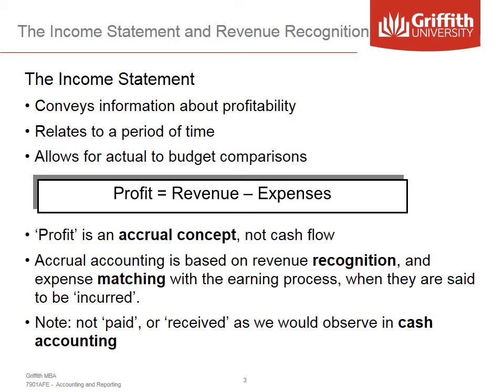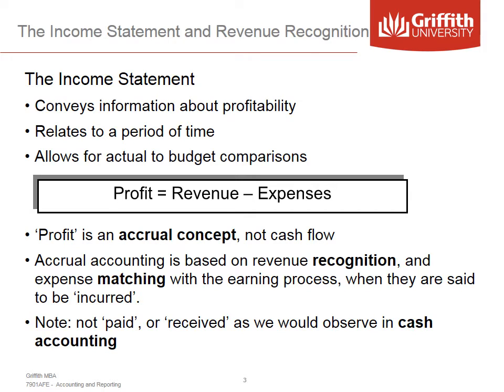Now, if you can't recall this, now would be a good time to go back to that module and revisit it and make sure that you understand what is revenue and what is expenses. So here we have 2 of the 5 elements, revenue and expenses, combining in that formula to enable us to calculate profit.